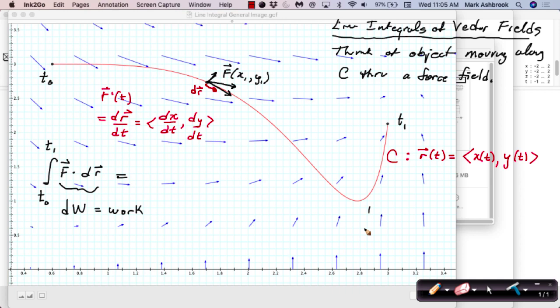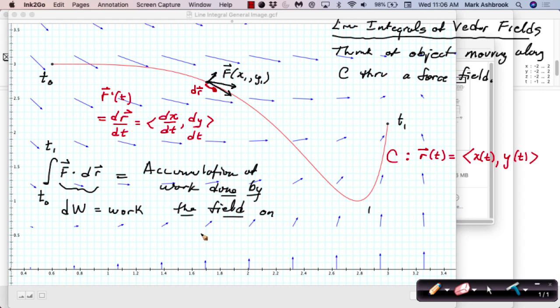That's irregardless. So this is the accumulation of work done by the field. This is important. On the object.